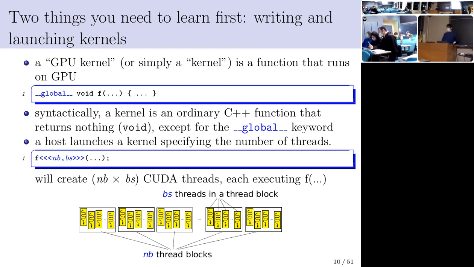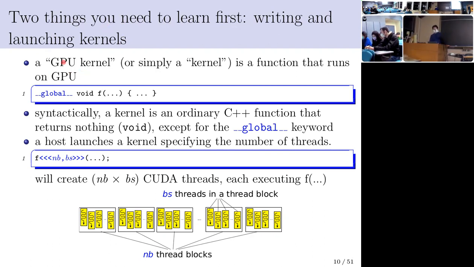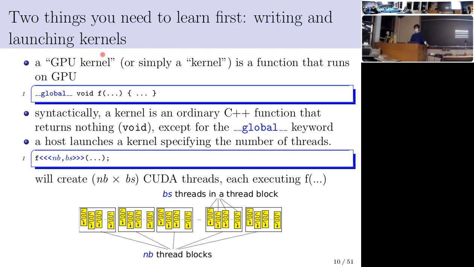The very basic thing when you actually start programming a GPU, or CUDA most specifically, is these two things. The two things you need to learn before anything else, just like there are two things you need to learn before anything else in OpenMP programming: omp parallel and omp for. In the case of CUDA programming or GPU programming, the first thing you need to learn is this concept of the GPU kernel, which is often simply called a kernel.